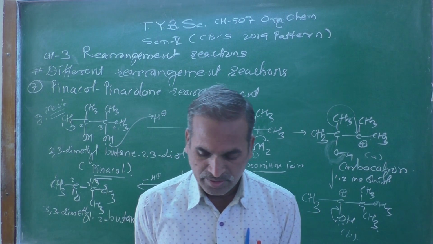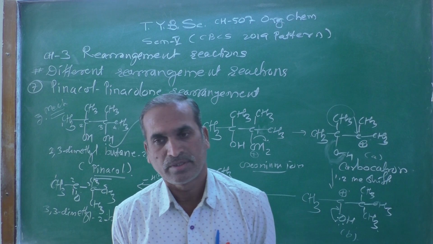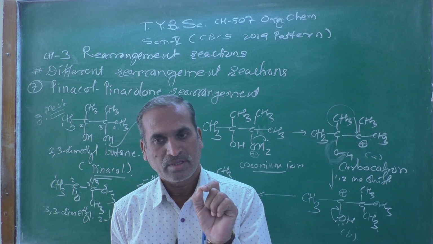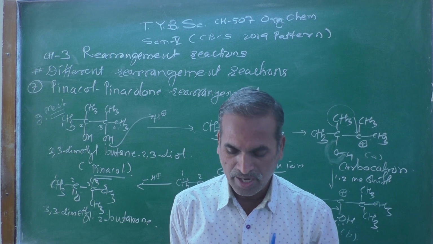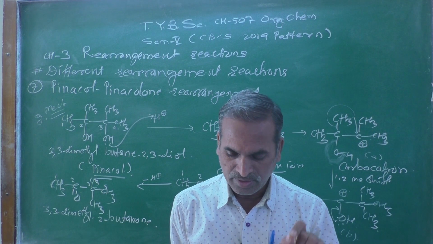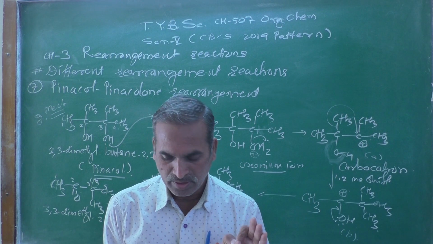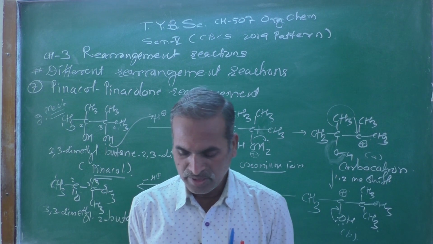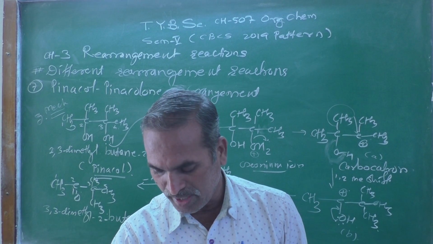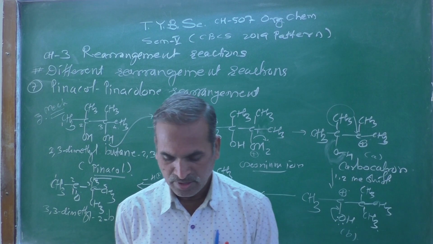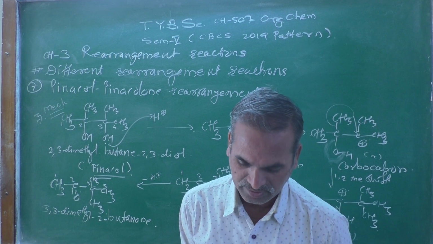And thus the key feature of this reaction is that the driving force for the 1,2 shift is the formation of the stable second oxonium ion from the initially formed carbocation.